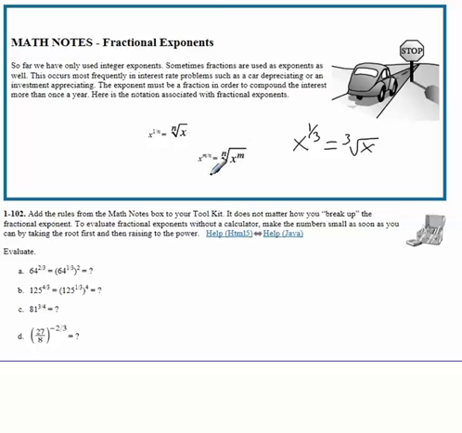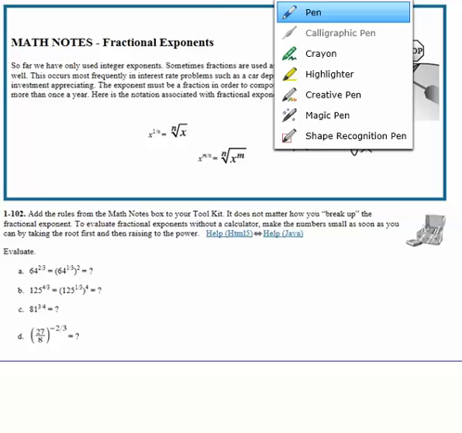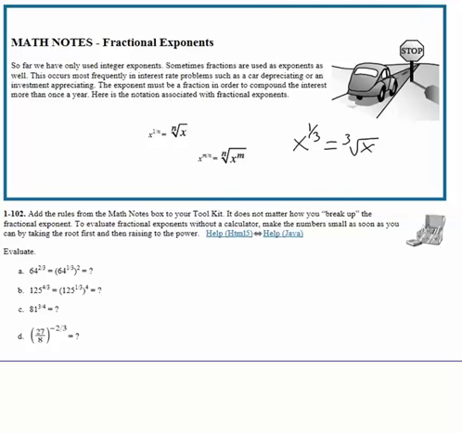So basically, in a nutshell, if I say x to the 2/3 power, the numerator in the fractional exponent is the exponent, and the denominator is the root.